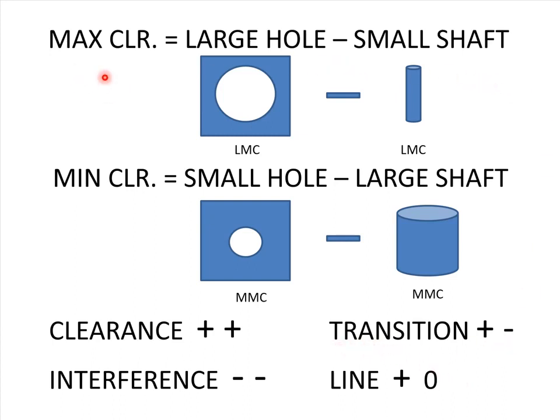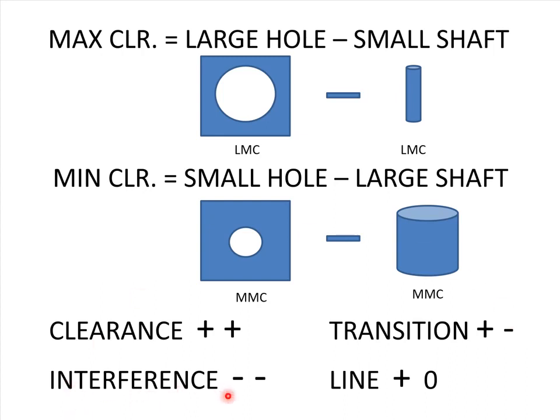You'll end up with a positive clearance and a negative clearance. So you may end up with either or. If you randomly pick a shaft from the bucket and a block from the other bucket, you may end up with a large hole or a small hole, either creating clearance or interference.